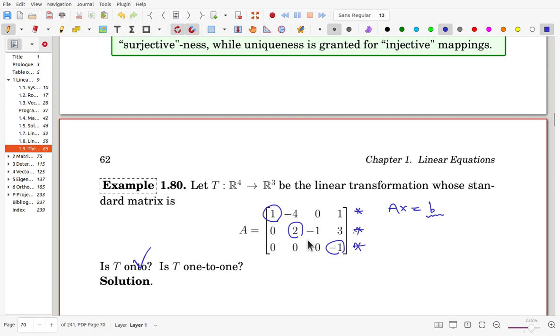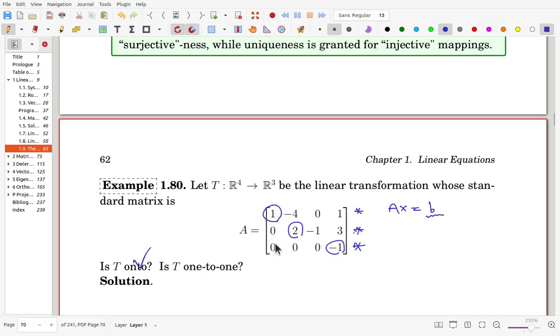And how about one-to-one? For a choice here, you have a solution. We know that already. Now, if you try to check the number of solutions, you can also figure it out by checking the pivot positions.